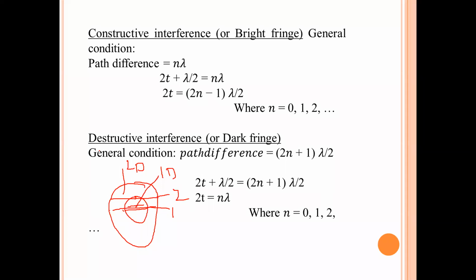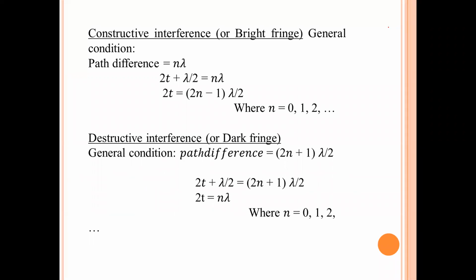And also we can easily measure the radius of curvature of the plano-convex lens. Before discussing the applications of Newton's rings, we have to know what the radius of curvature of the plano-convex lens is. That will be discussed in the next session.